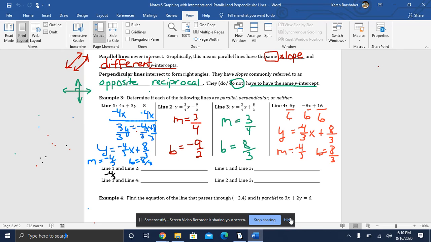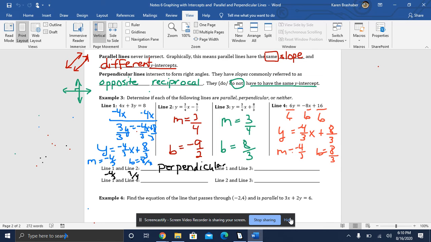Line 2 has a slope of 3/4. Those slopes are opposite signed, one's negative and one's positive, and they are reciprocals. 4/3 and 3/4 are reciprocals. Opposite reciprocals are perpendicular lines. So these two lines are perpendicular.